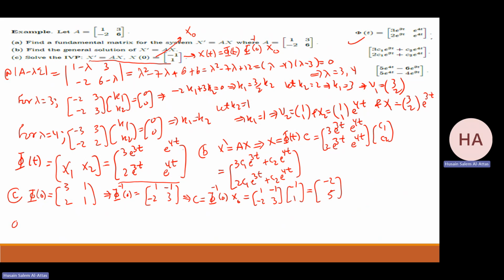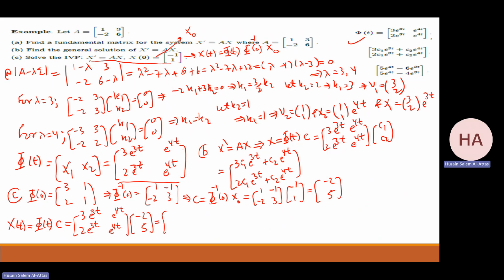Now the solution of this initial value problem: x of t will be phi of t times c. That will be the matrix with rows 3 e^(3t), e^(4t) and 2 e^(3t), e^(4t), times minus 2 and 5.